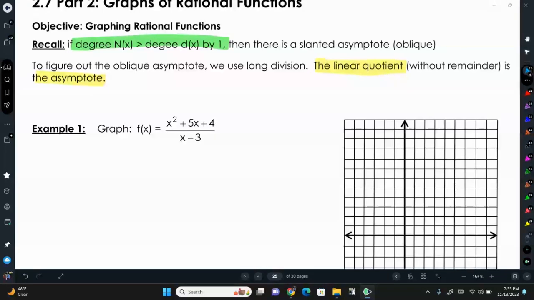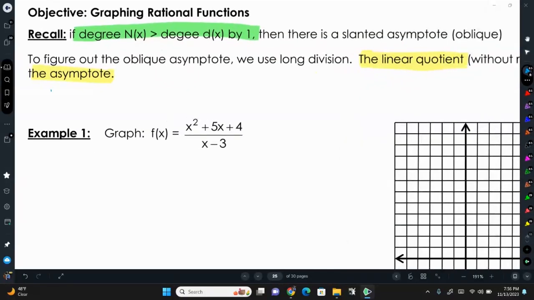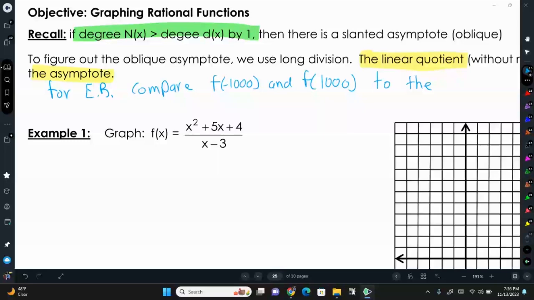Now, you might say, well, what do we compare to for the end behavior? For end behavior, we are going to compare f of negative 1,000 and f of positive 1,000 to the slant asymptote, or oblique asymptote.